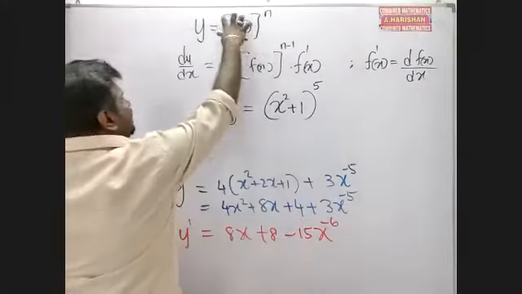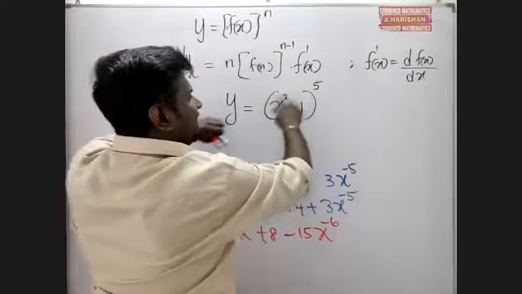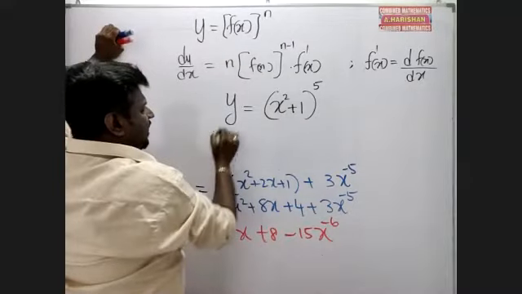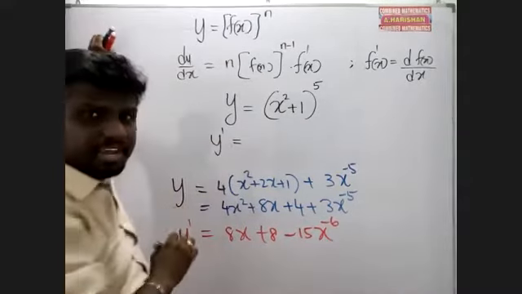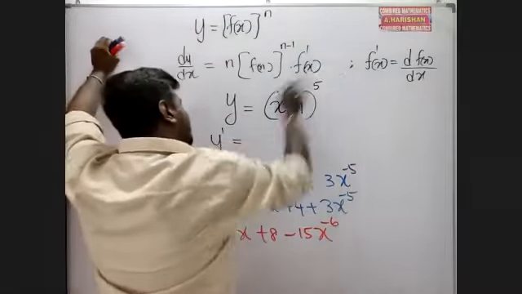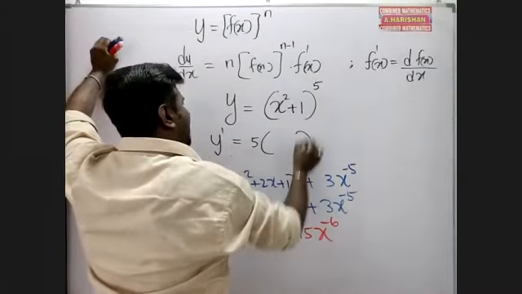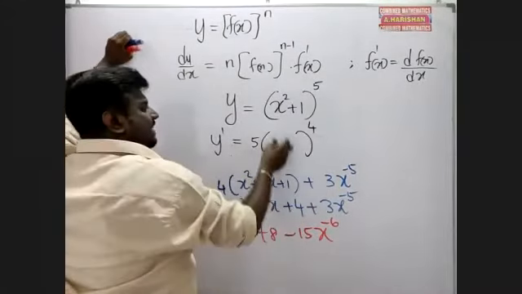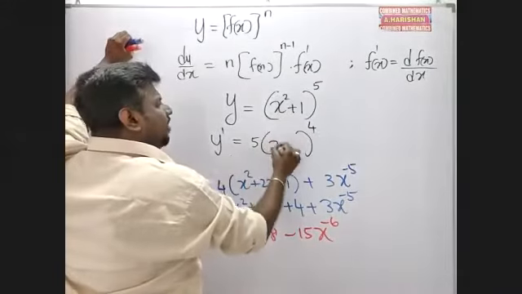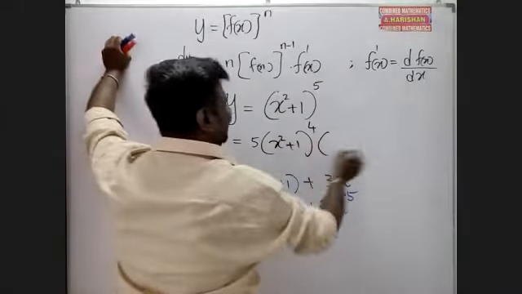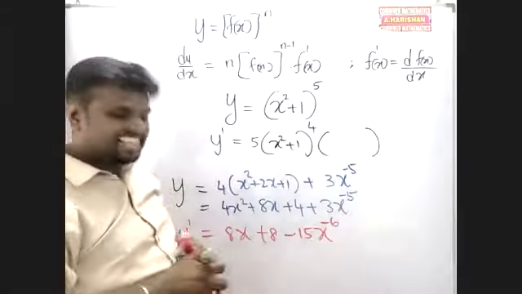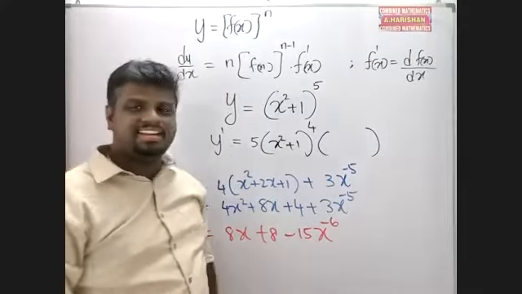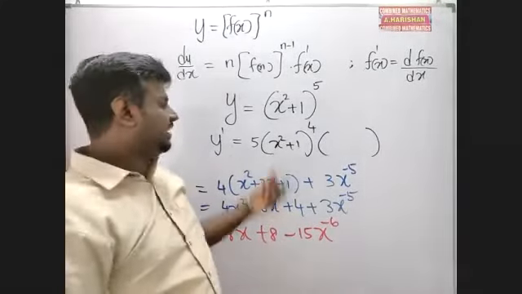That rule says the bracket is anything. So for dy by dx, first consider the 5 and the 4. Whatever is here, you have to write by copying. Don't worry, you can do it 100%.